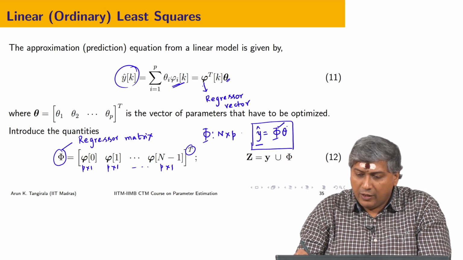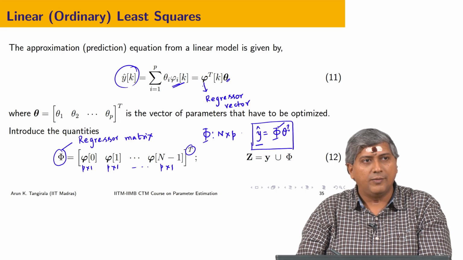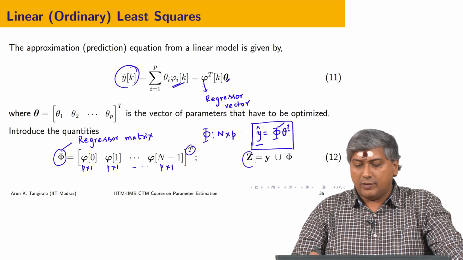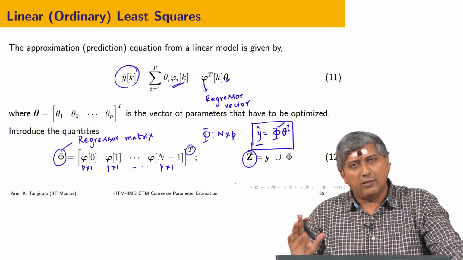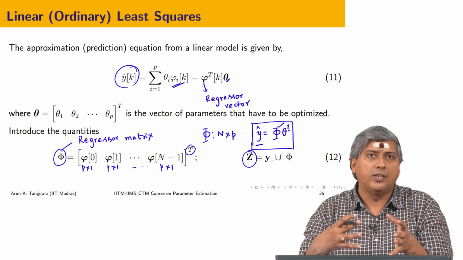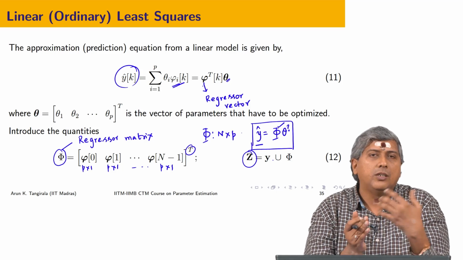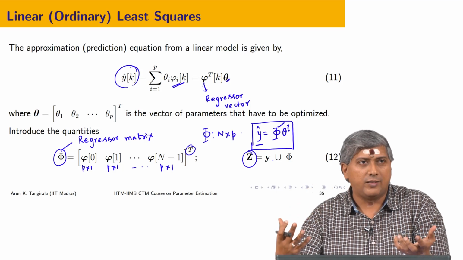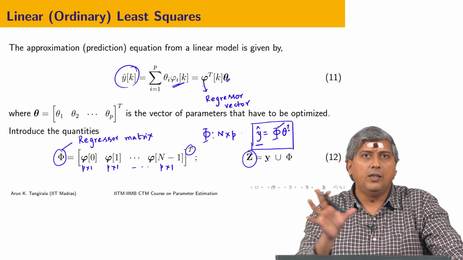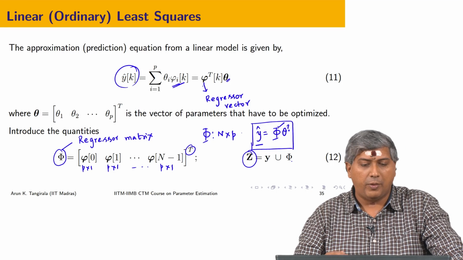We know phi, we do not know theta, we have to determine theta. We will also use sometimes this term z, which is the union. When we say union, not addition, just collectively as a package your observations and your regressors. So, that is what we mean by z here. It is a collection of the observations as well as the regressor matrix.